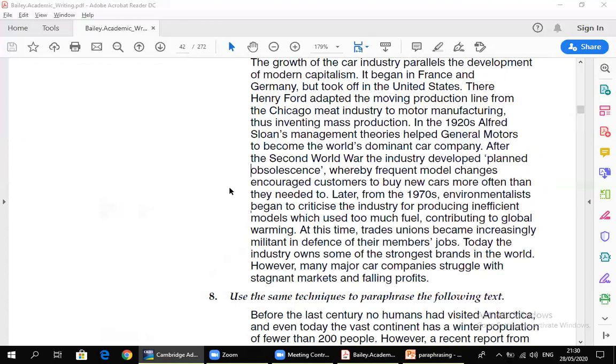Designed not to last long so that people will have to buy new ones. So people started to go for buying new cars, despite the fact that they didn't need them. It was only because of the planned obsolescence system that was created after the Second World War.